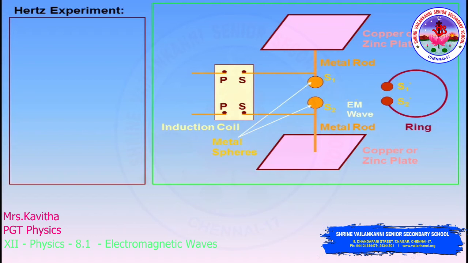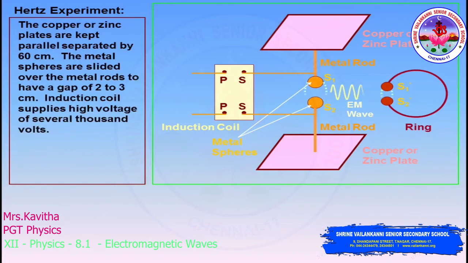The high potential difference ionizes the air in the gap and makes the gap conducting. The electrons and ions so produced oscillate back and forth across the gap between S1 and S2. An oscillatory discharge of the plates occurs through the conducting gap. This process gives rise to the production of EM waves.